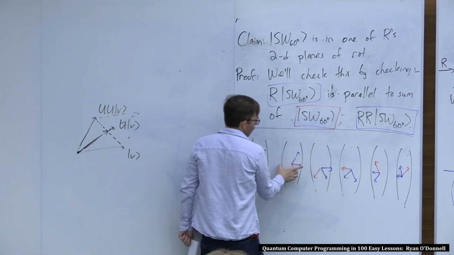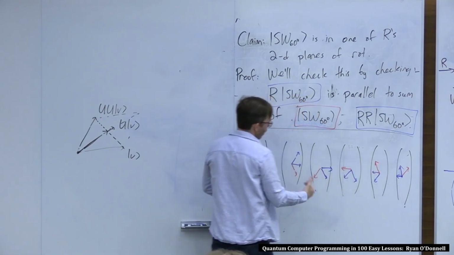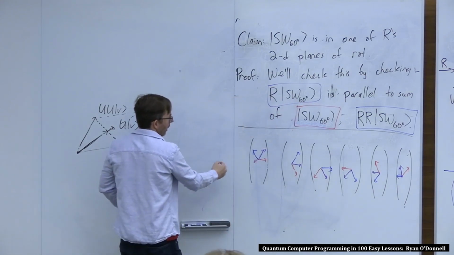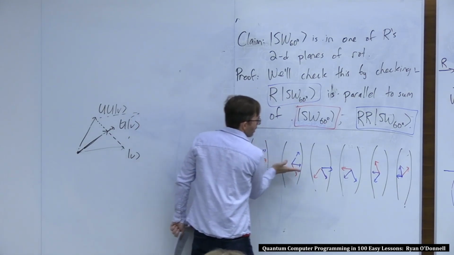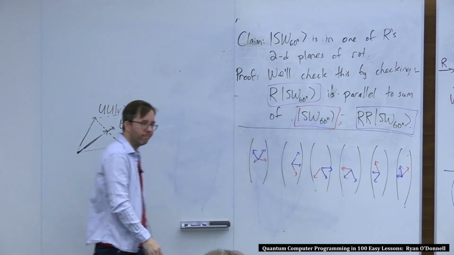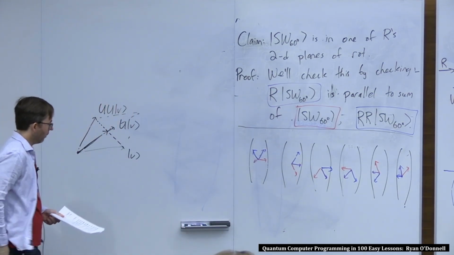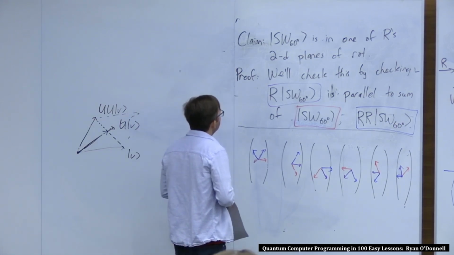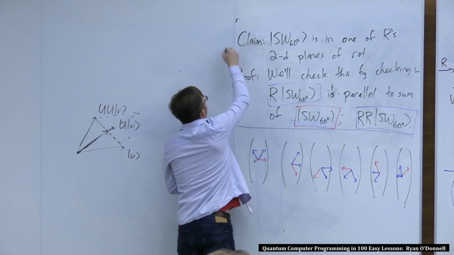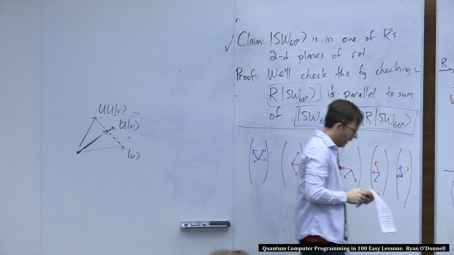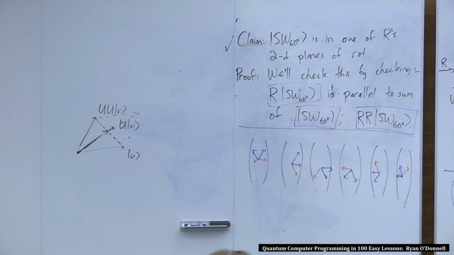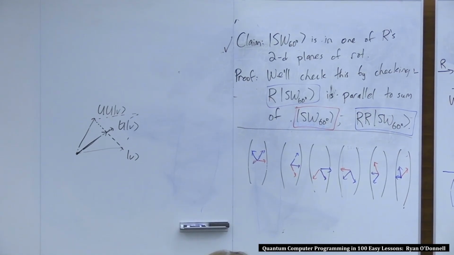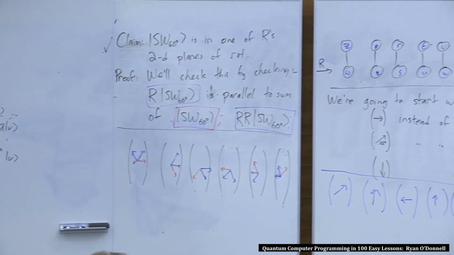It's true in each of these columns. So it's true in general that if you average the whole red vector and the whole blue vector, it points in the direction of the purple vector. Okay, so we did this claim. Great. Well, what's next?